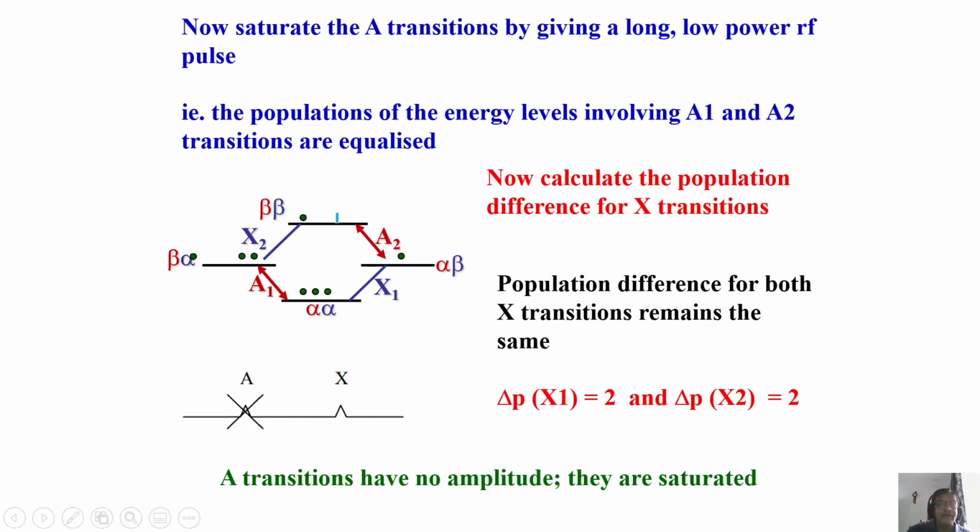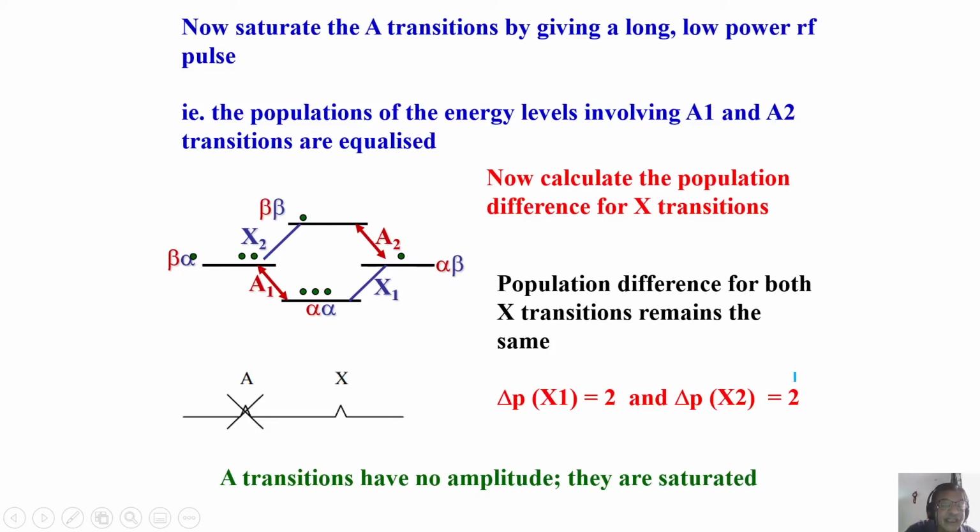Both A I have irradiated. Because both A are uncoupled spins, there is no coupling at all. I just wrote the energy level diagram. Now I am saturating both of them, so populations are equal. You will not see any transition at all. So the A transition will now be non-existent. Only the X transition is seen, of intensity 2.